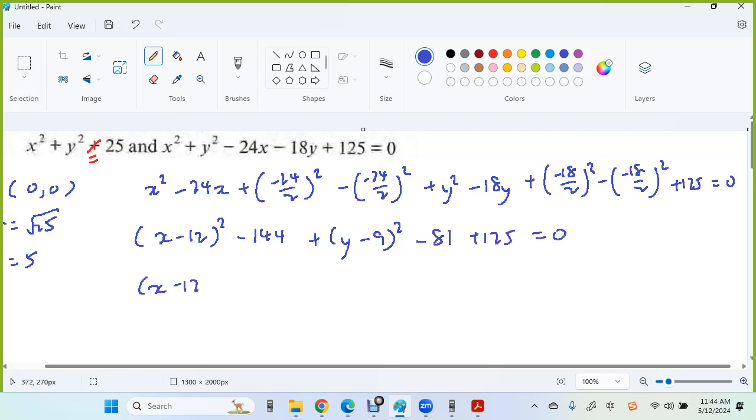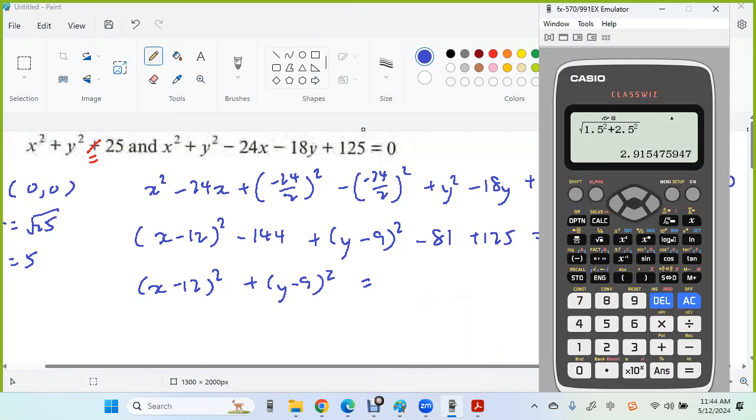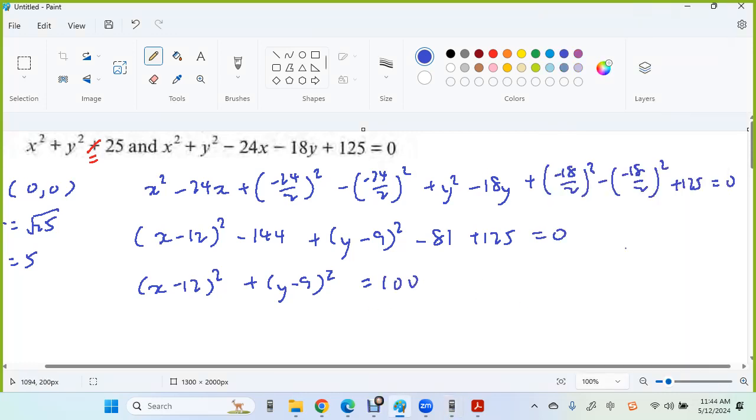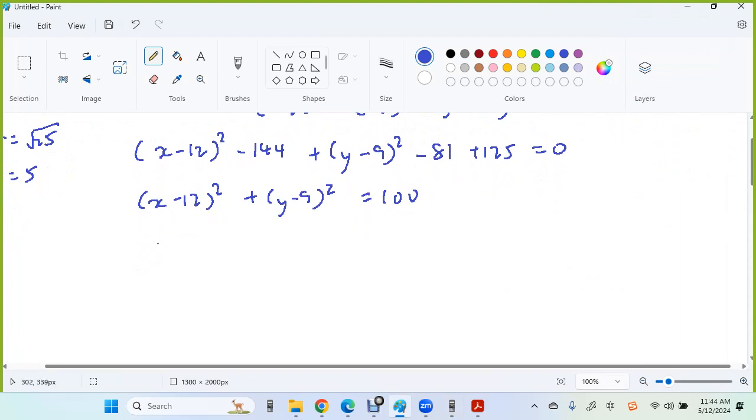So (x minus 12) squared plus (y minus 9) squared equals 144 plus 81 minus 125, so it's 100. So the center will be (12, 9), and the radius is the square root of 100, that is 10.